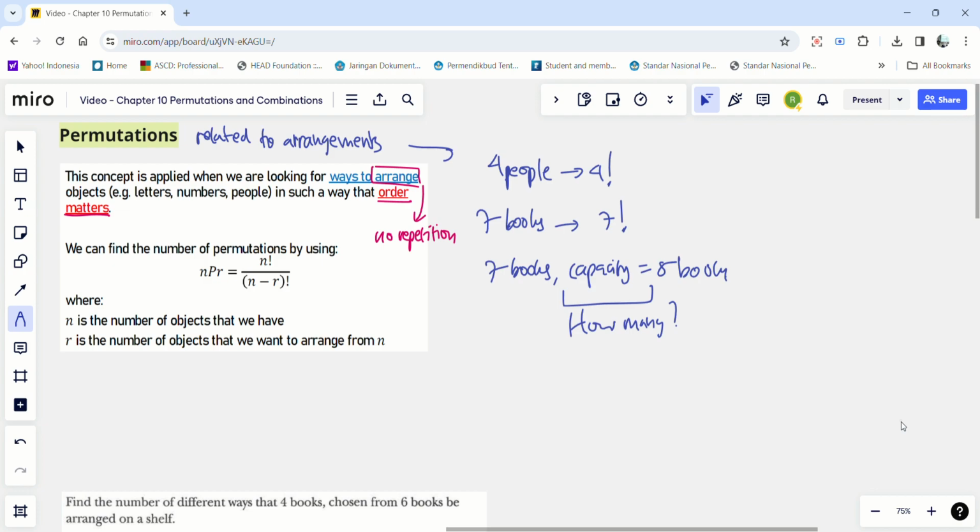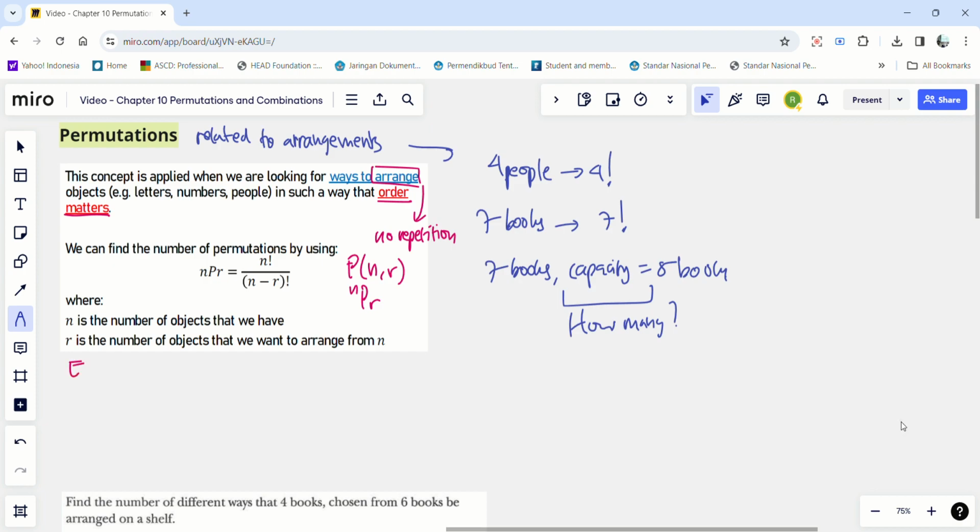In terms of the formula, it can be written like this: nPr, or in some textbooks they write it as P(n,r). It doesn't matter which one. It means n factorial over (n minus r) factorial.